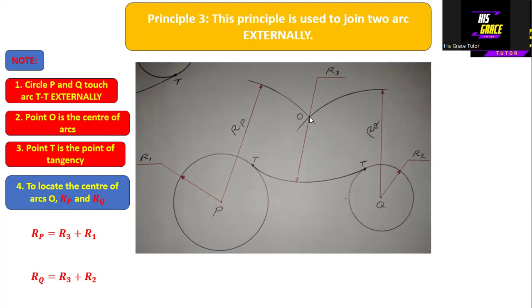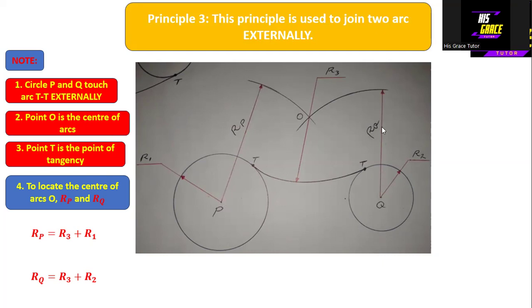So for us to find point O, the center of arcs, we need to determine the value of RP and RQ.